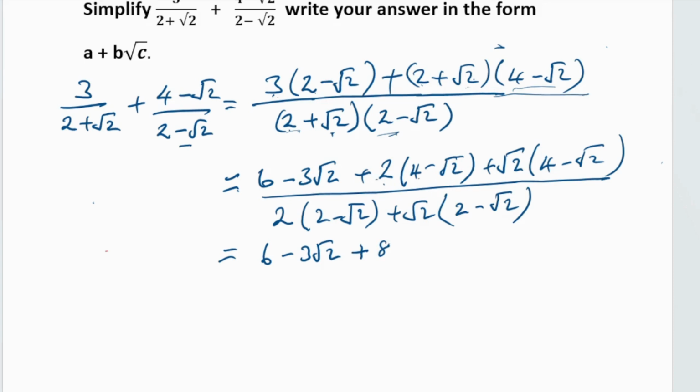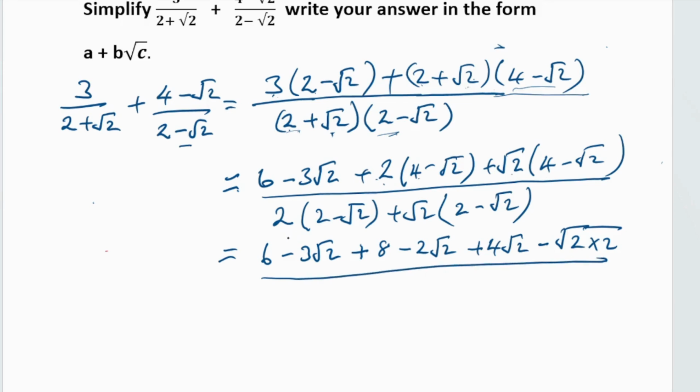Then 2 times minus square root 2 will be minus 2 square root 2. Then square root 2 times 4 will be plus 4 square root 2. Then square root 2 times square root 2 will be equivalent to square root 2 times 2, under one square root.